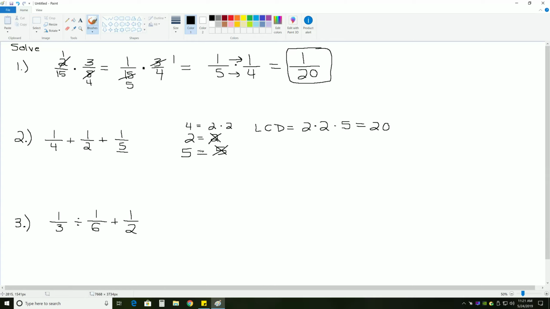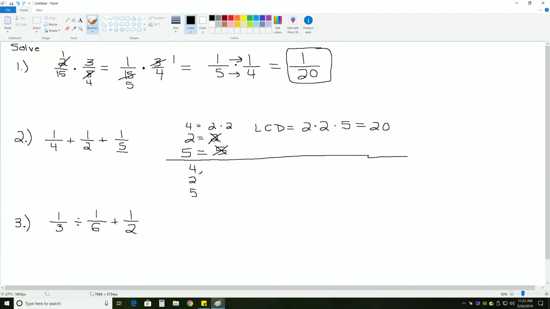A much slower method for finding the LCD, which I don't recommend if you have large numbers, is to take each of your numbers again. So 4, 2, and 5, and start writing out all of their multiples until you find the smallest multiple that matches between all of your numbers.